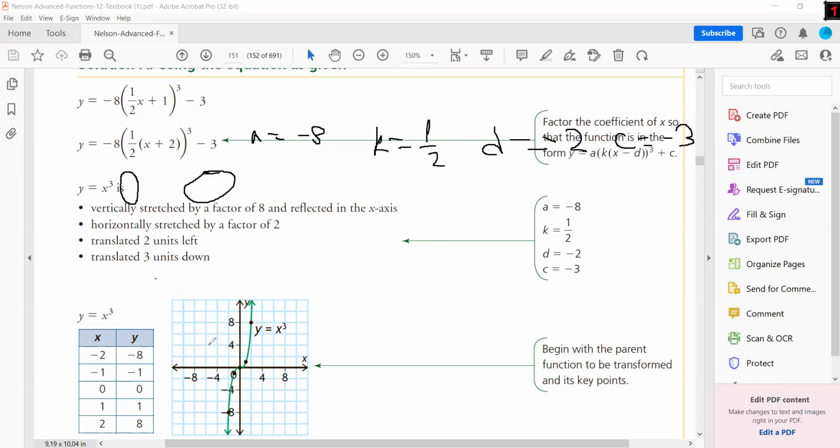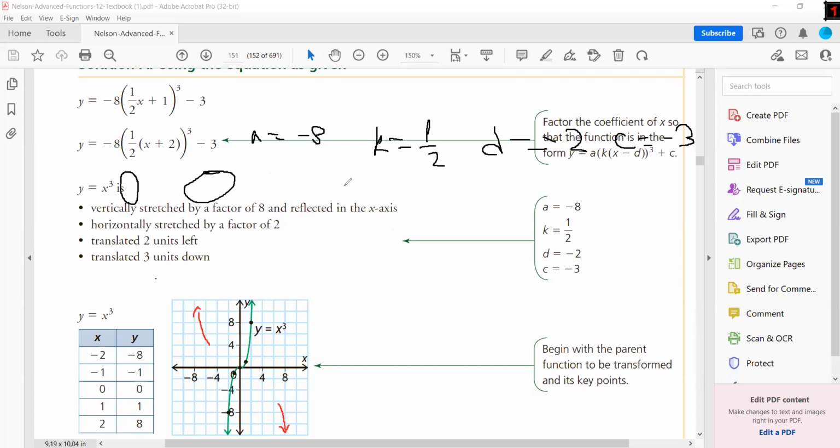So now we're going to have end behavior like this. The two ends reversed and stretched by a factor of 8. It's going to be stretched along the y-axis, so it's going to get even steeper.